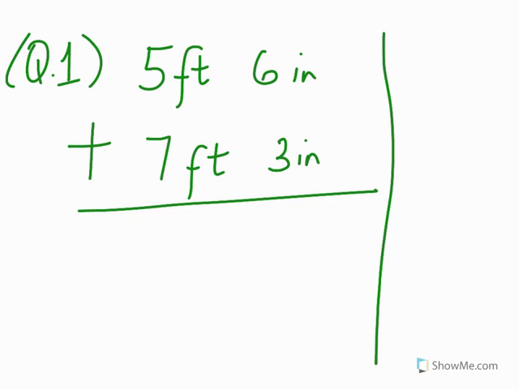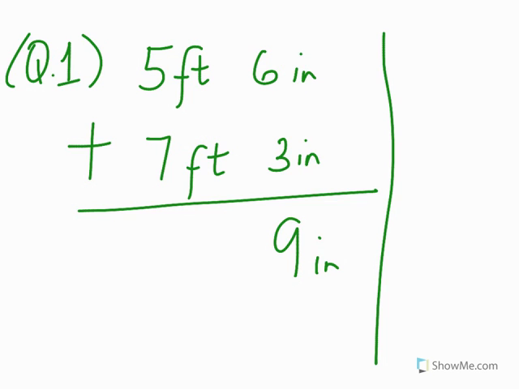In the previous videos, we saw that 12 inches make 1 foot. But we have 9 inches, and 9 inches is less than 12 inches. So because 9 inches is less than 12 inches, we don't have to do anything again. We just write 9 inches.